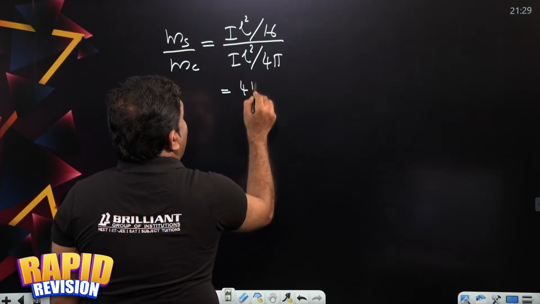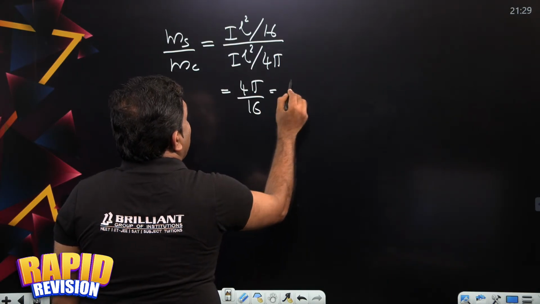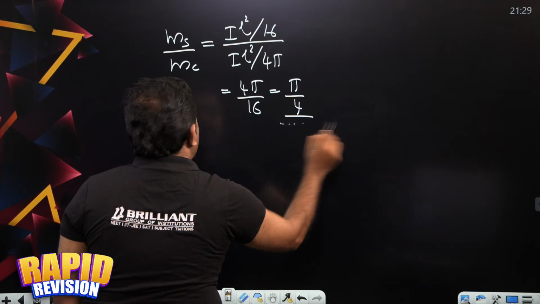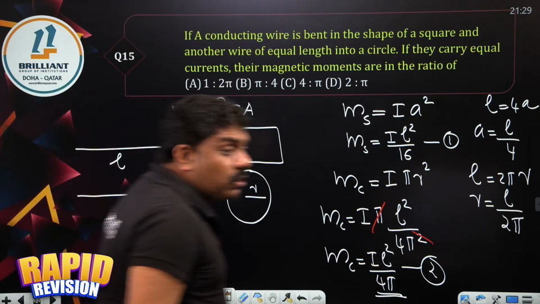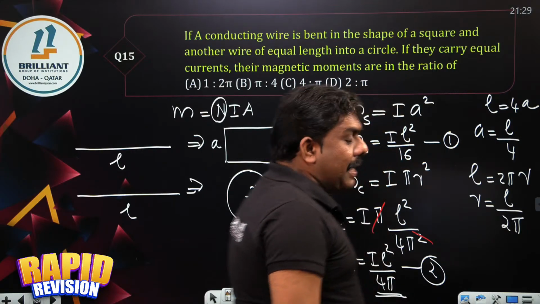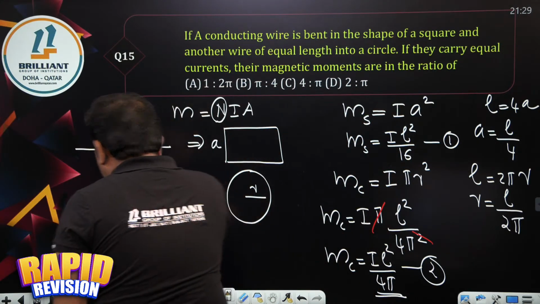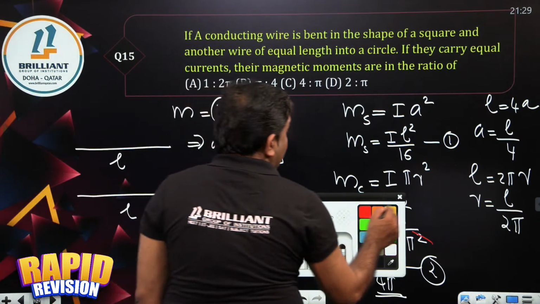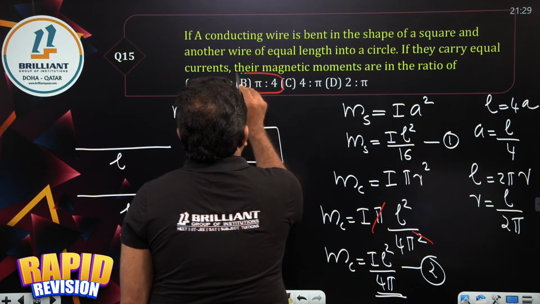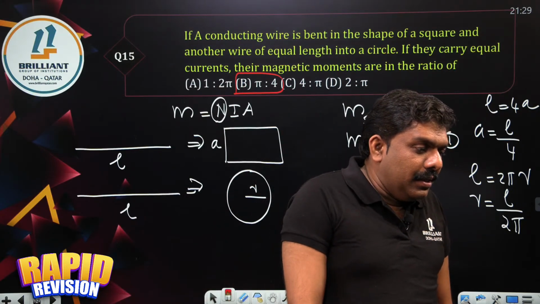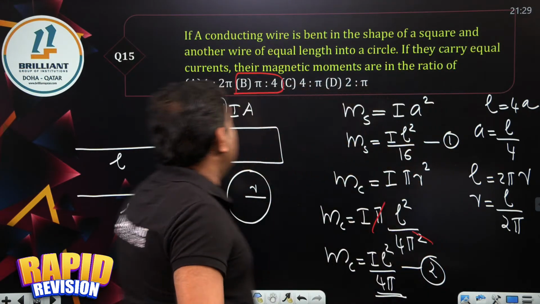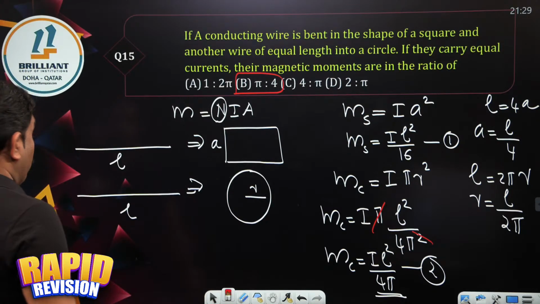So 4 pi by 16, pi by 4 is the ratio. So the right option is pi is to 4, option B. This is the right answer.